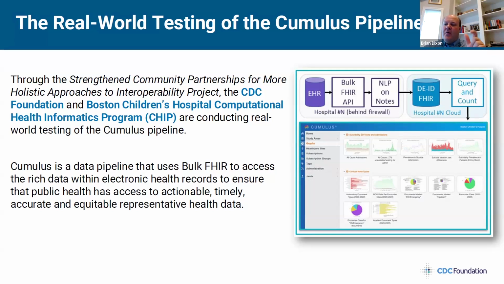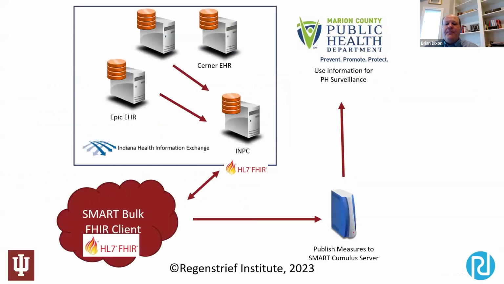That tool also has various visualization capabilities within it. So you could take a more plug and play application for visualization and connect it, if you will, through Bulk FHIR to access the data at the population level.